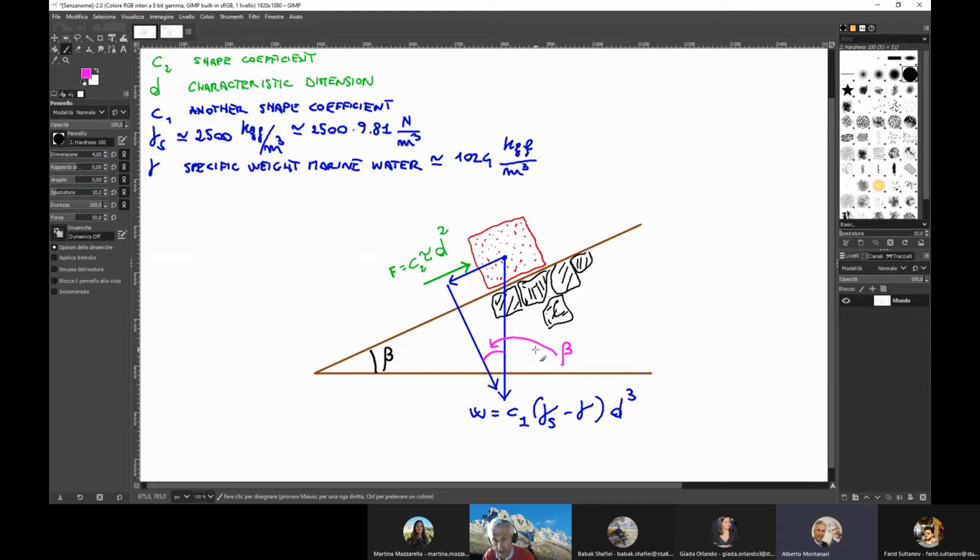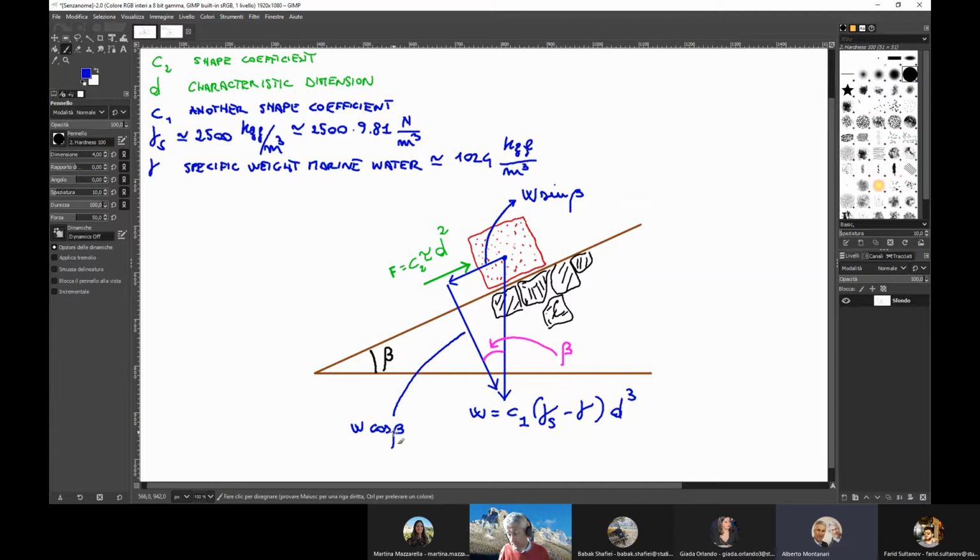Very good. And therefore, we can say that this force here is W sin beta. Okay, and this force here, the perpendicular component, is W cos beta. Okay, now we can study the equilibrium.